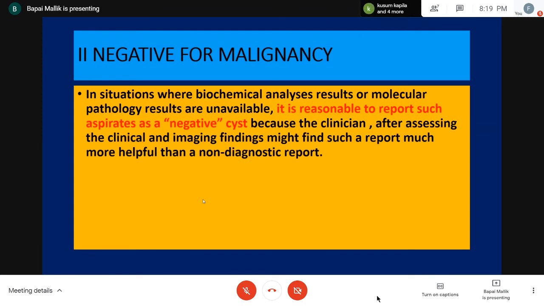If you do not have results of biochemical analysis or molecular pathology, it is very reasonable to report such aspirates as negative, because the clinician, after he or she assesses the clinical and imaging findings, might find such a report much more helpful than a non-diagnostic report. So even if you're working under limited circumstances, you can say that this is what I see and it's negative. I did not find any atypical cells. So let the clinician make the rest of the decision.